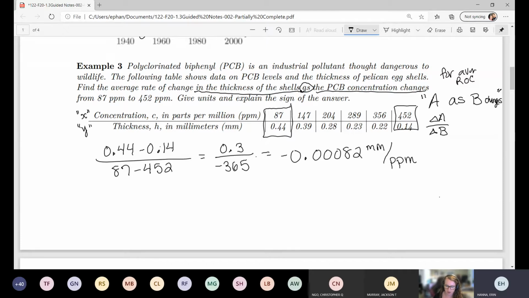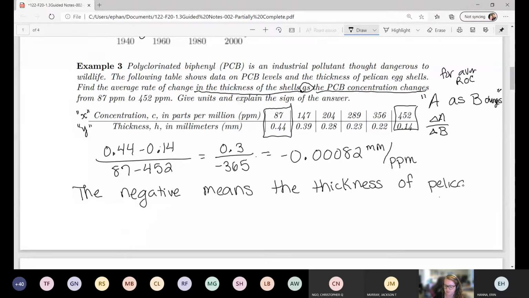So it's a negative. Now again, this is telling us about how the thickness of the shell is changing as PCB changes. So the negative means the thickness of the pelican eggs is, what do you think the negative means?